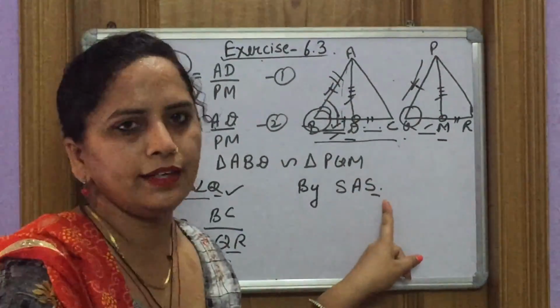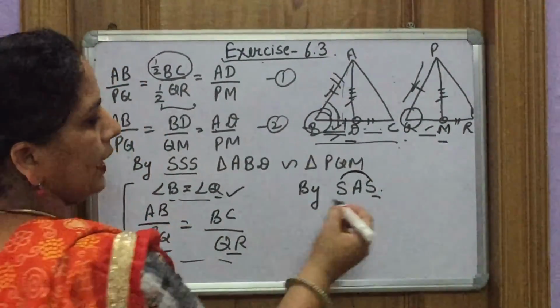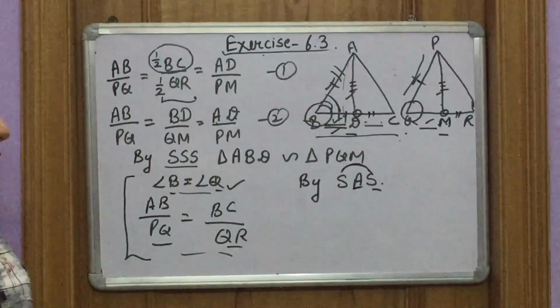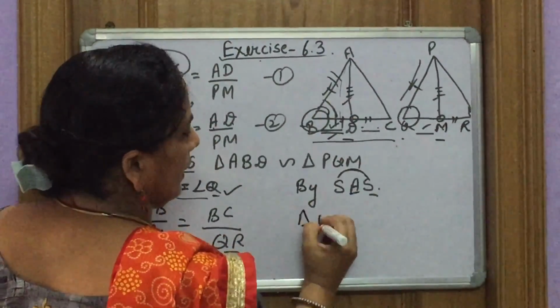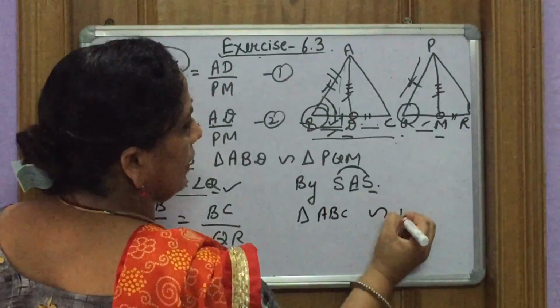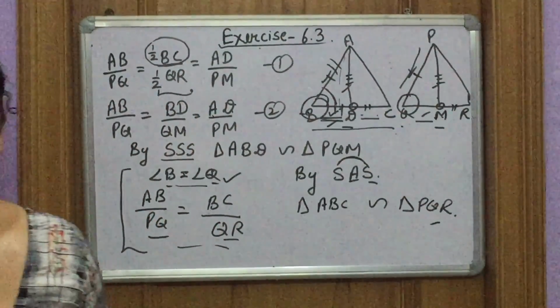So by this rule, the proportion of these two sides is equal and this angle is equal. Triangle ABC is similar to triangle PQR. Hence proved.